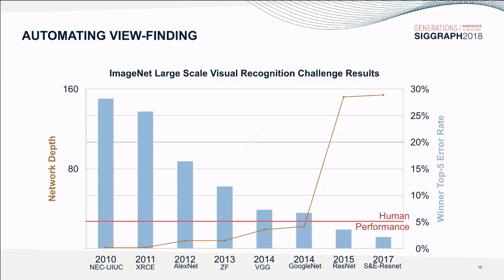In 2015 here, the winner of this image classification challenge passed human performance. So if we can frame this best view problem as a classification problem, then we can take advantage of these successes.